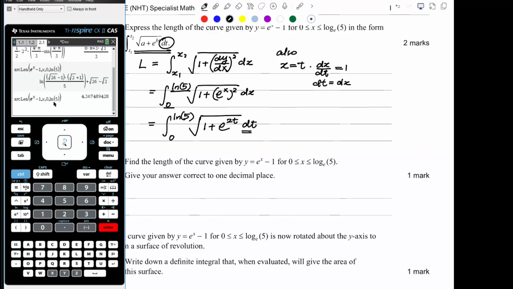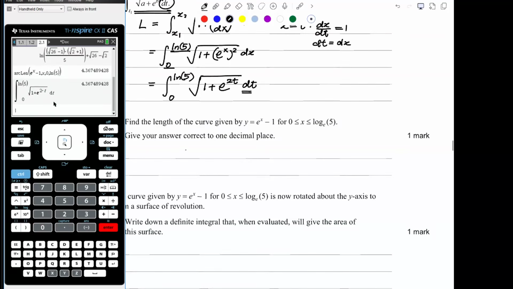So you can get a direct answer, or you can just do the integral of square root of 1 plus e^(2t), dt from 0 to natural log 5. It's the same thing, right? So L equals 4.367, etc. Rounded to 4.4 units.